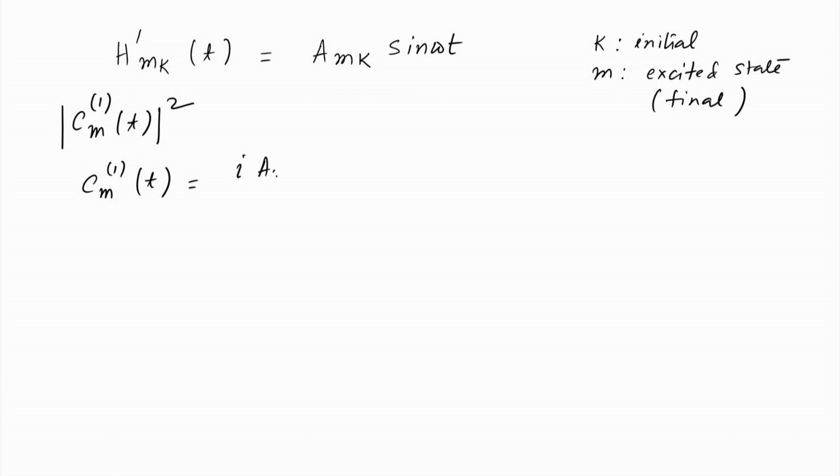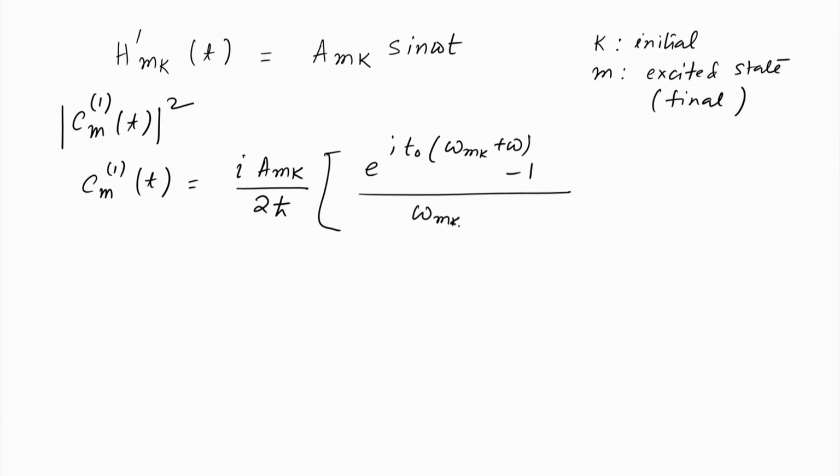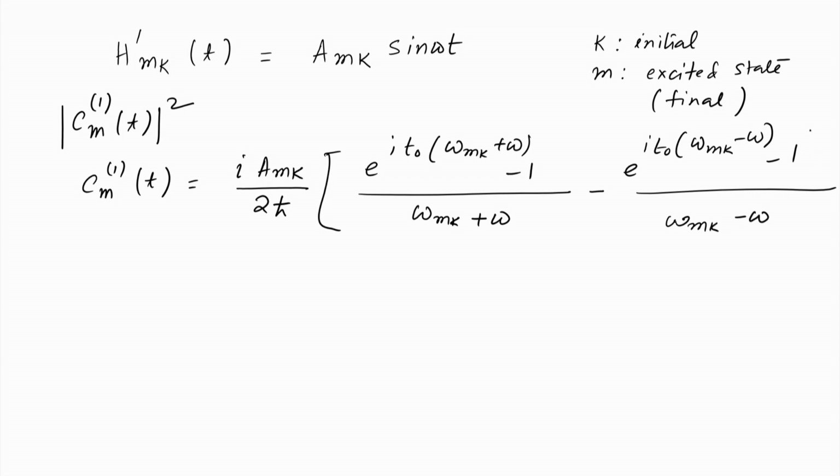This is equal to i a m k over 2 h cross, times exponential i t naught omega m k plus omega, minus 1, over omega m k plus omega, minus exponential i t naught omega m k minus omega, minus 1, over omega m k minus omega.